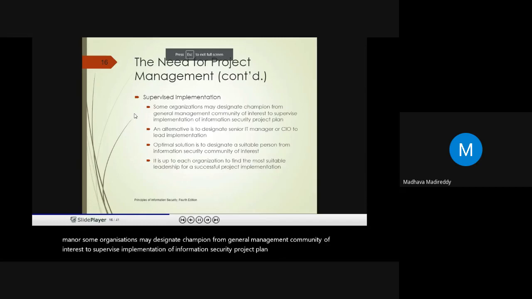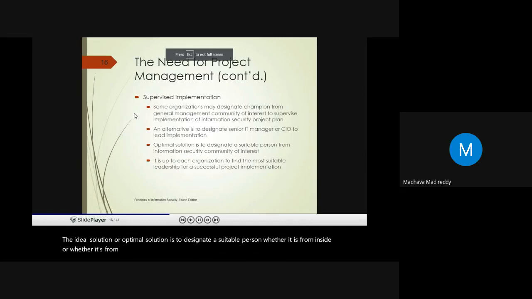Alternatively, we can also designate a senior IT service manager or chief information officer to lead that implementation phase. So the optimal solution is to designate a suitable person, whether from inside or outside.